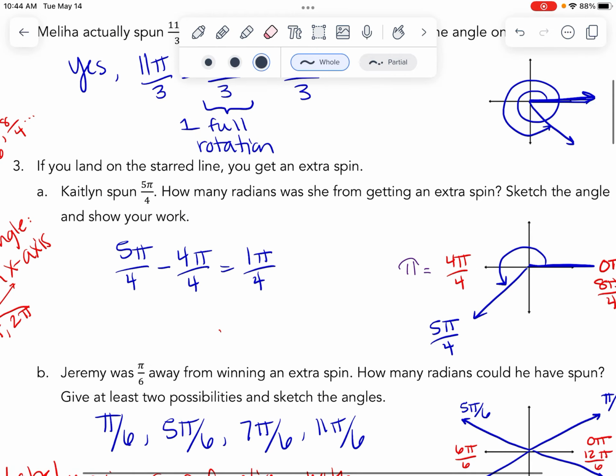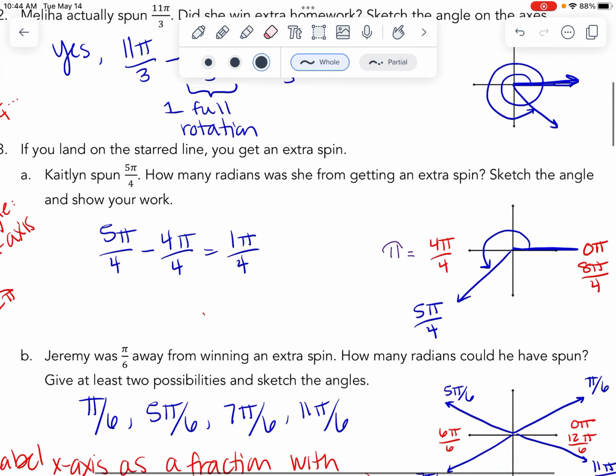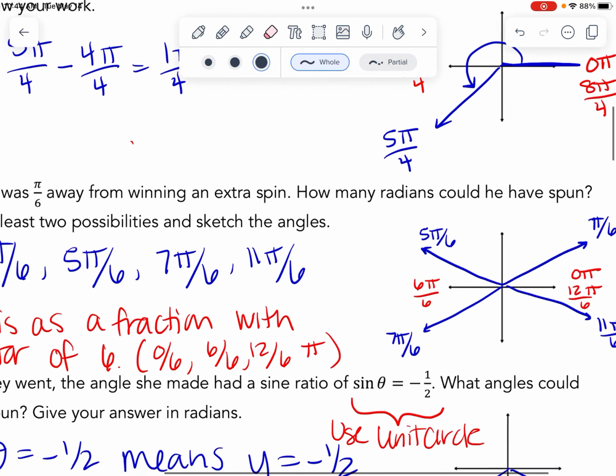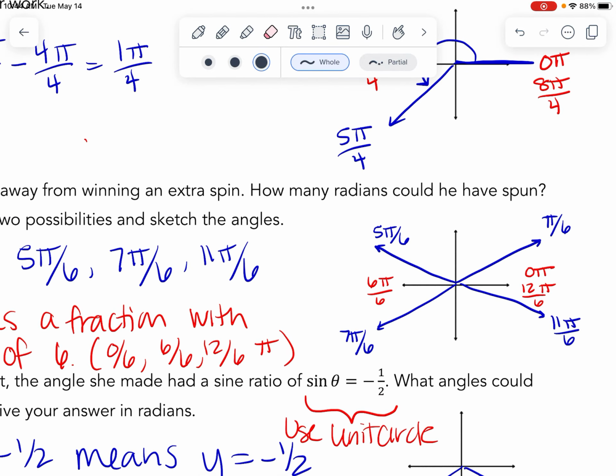Okay? And then the last question asked about two possibilities. What I did here is I wrote out all the different possibilities. I looked at the x-axis as either 6 pi over 6, 12 pi over 6, or 0 pi, and then looked at the distance there. So if I'm only pi over 6 away, I subtracted or added. Here I would have subtracted pi over 6.